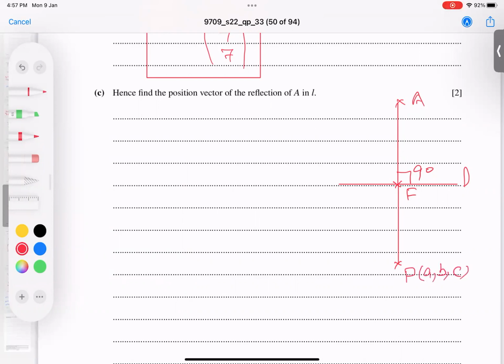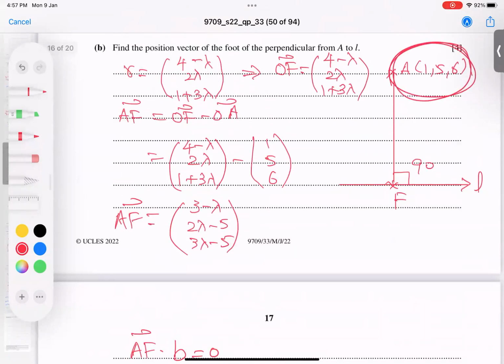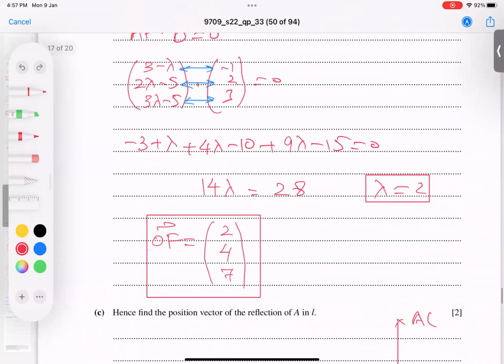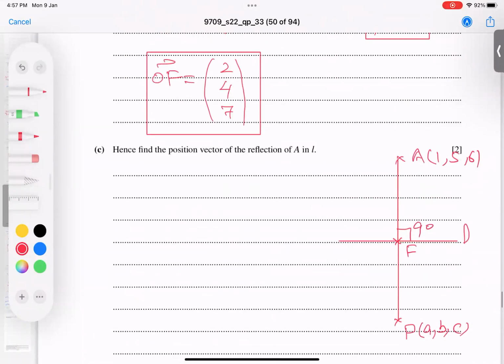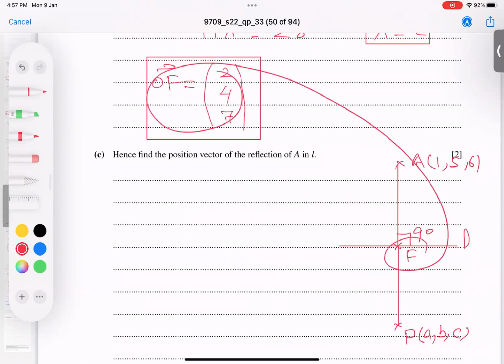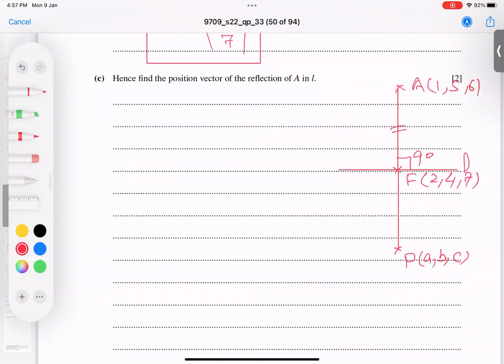Whereas A coordinates, we just got before, we know it, 1, 5, 6. So 1, 5, 6 I will take from there. And the foot of perpendicular, luckily we got now 2, 4, 7. Now, as you know, this gap is equal to this gap, because it is our mirror line.